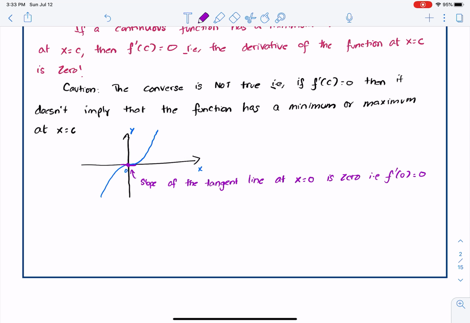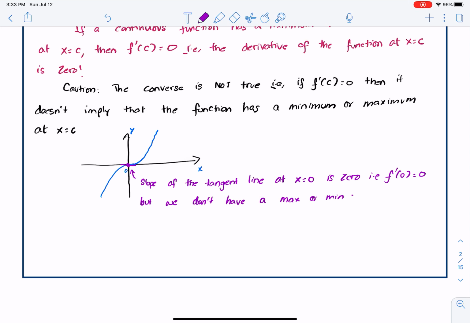The derivative at x is equal to 0, which is the slope of the tangent line, is 0. But do we see a maximum there? No. Do we see a minimum there? No. It's actually flat. So we don't have a maximum or minimum.